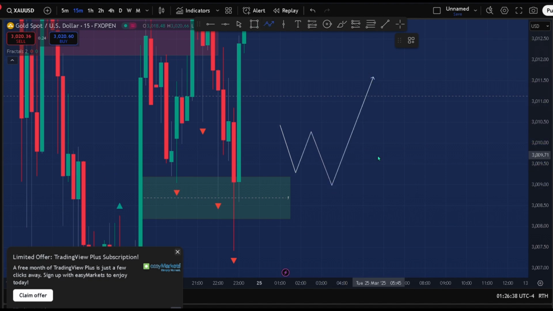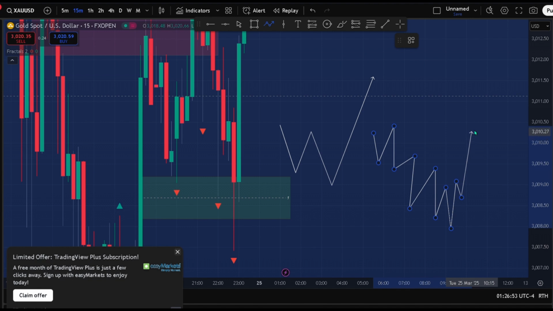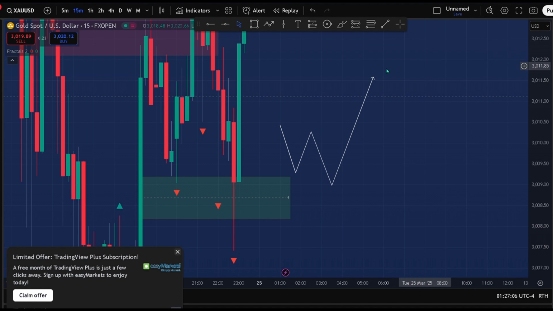When I'm talking about a breaker, we don't need to see a break of structure. Price can be doing this, but if I know that this is my POI, all I want to see is price break the structure one time, tap back, and then my entry is right here. As soon as price gives me that little breaker, that's why breaker, break of structure, two different things, small nuances.